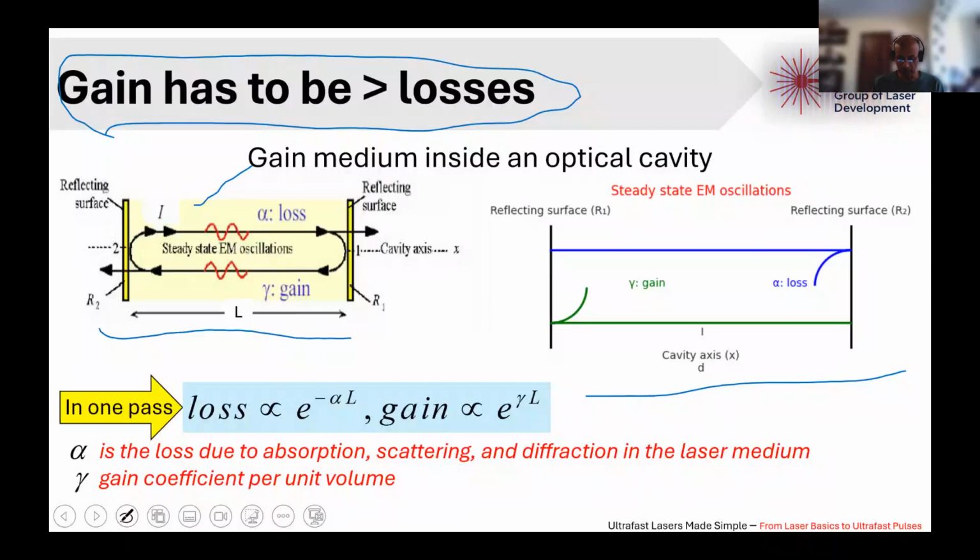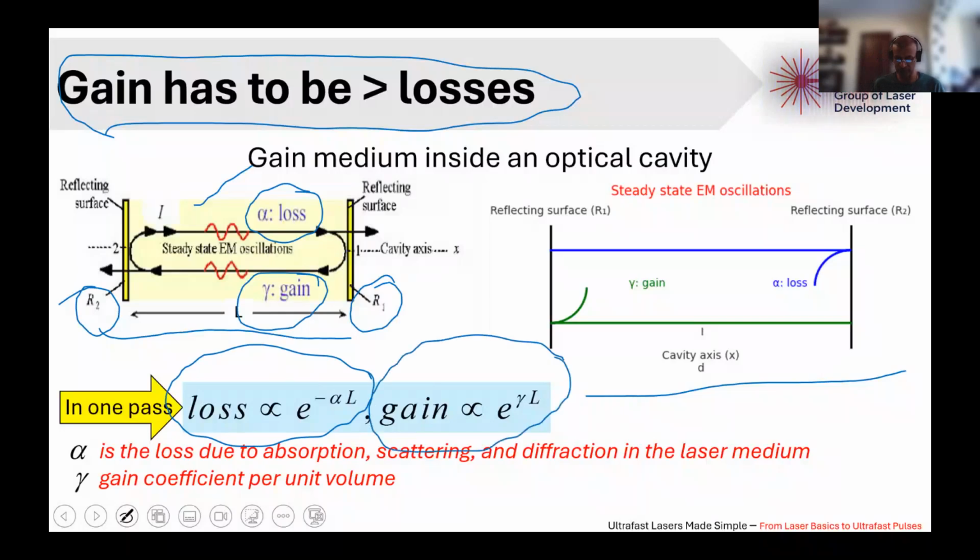What you see here: alpha is the loss and gamma is the gain. This is cavity mirror 1, this is cavity mirror 2, and the loss is directly proportional to this relation and the gain is directly proportional to this relation. Both are exponential. The loss may decay exponentially while the gain grows exponentially.